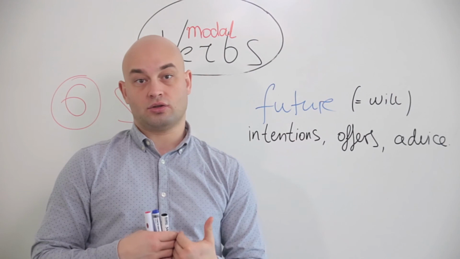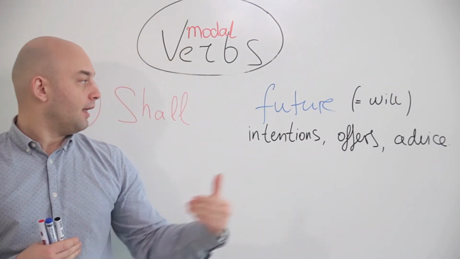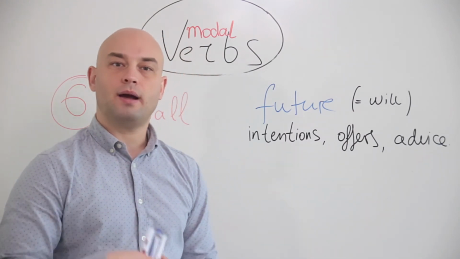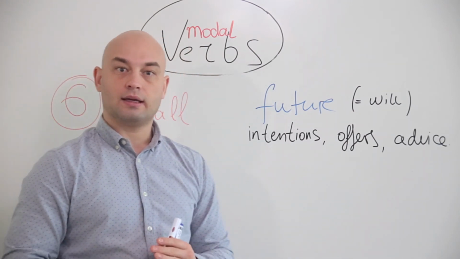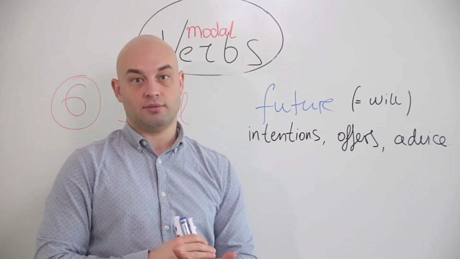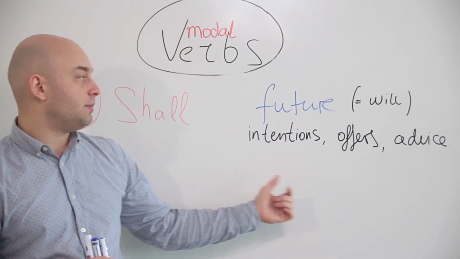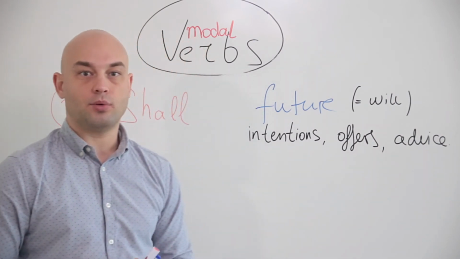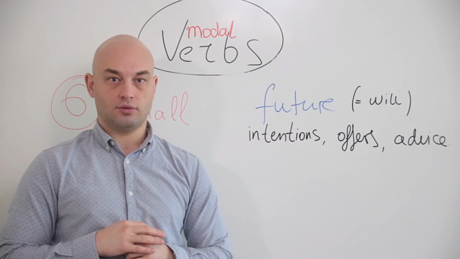Or it could also mean an offer. Shall I buy you some ice cream? Like, I'm offering to go and get some ice cream for you. Or it could also be used to ask for advice. For example, what shall I do? Okay?